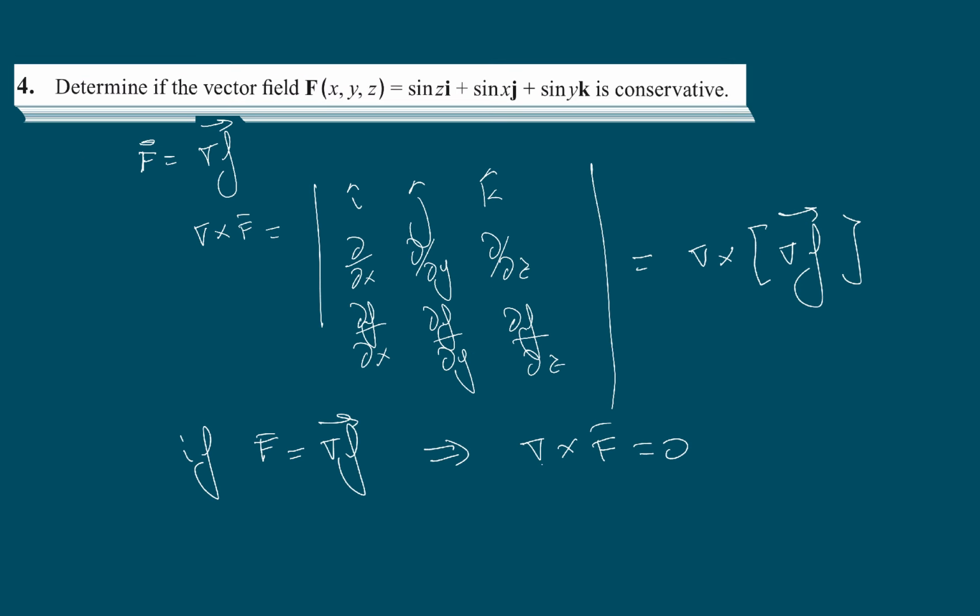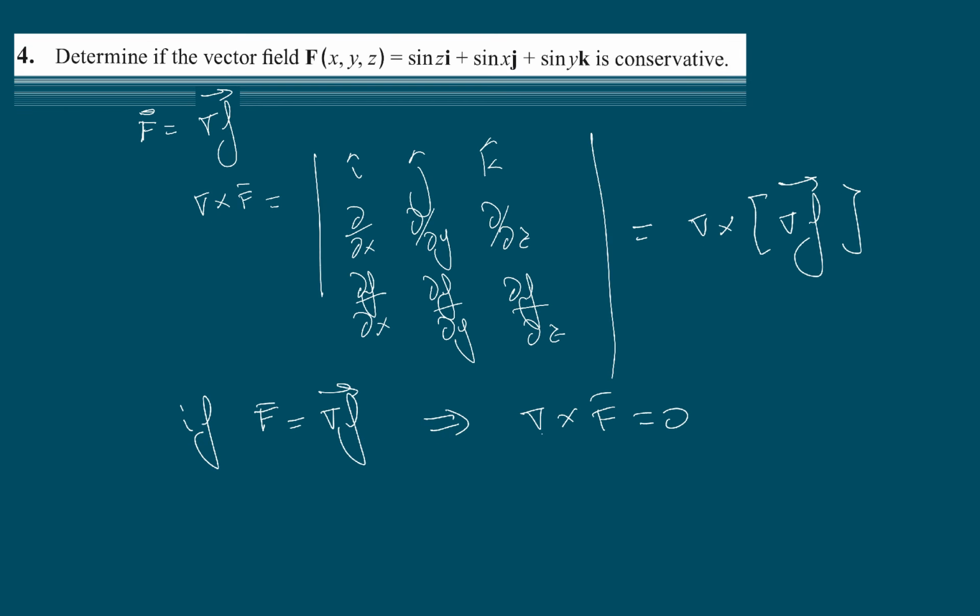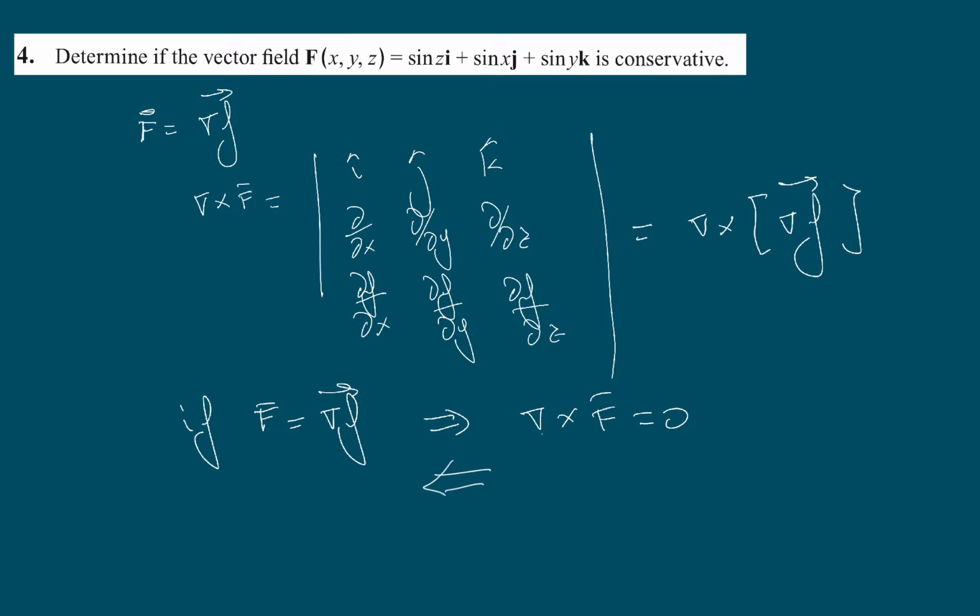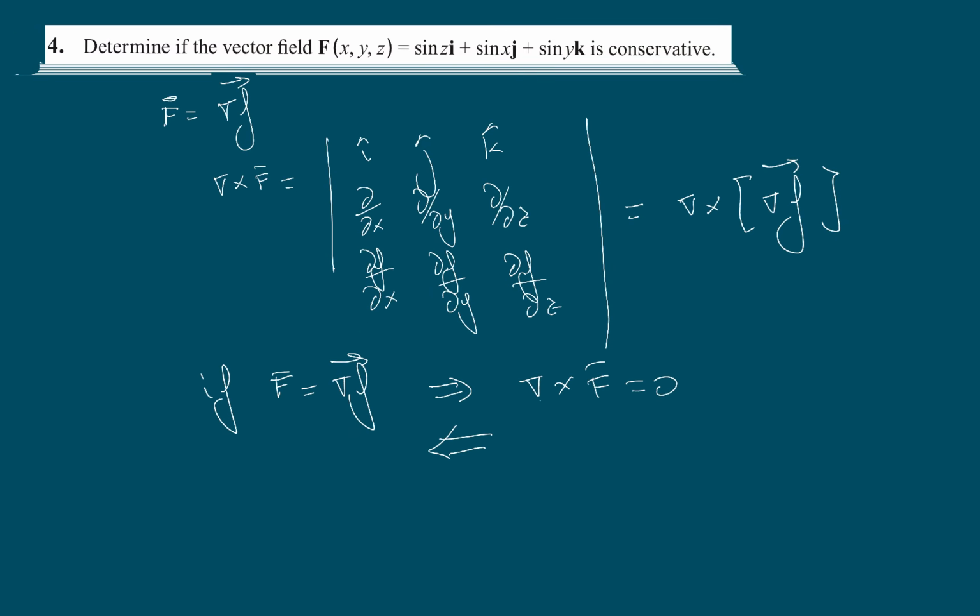So to determine if the vector field is conservative: if the vector field is conservative, the curl of F is 0. Also, the theorem works in both directions. You only need to be careful to have a function that is well defined, continuous, a nice function.